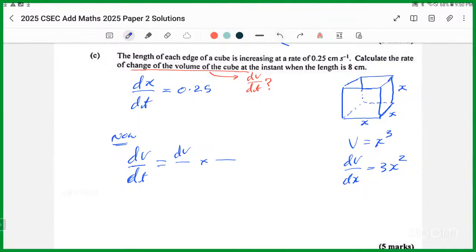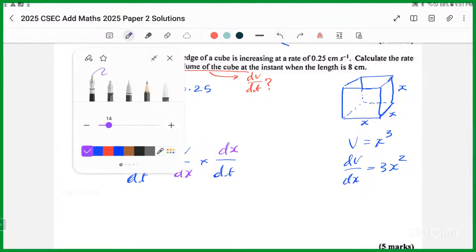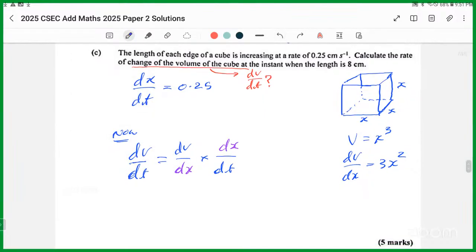The third variable that changes is x. So the x goes here and here. Now this is just what they gave us, and this one over here. And I want all of that when the length is 8. So I want it when x equals 8. So I'm going to write it now.